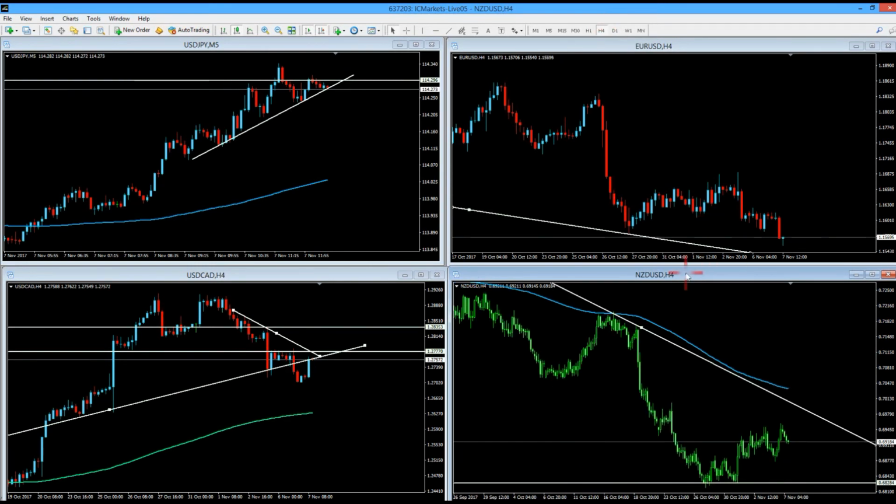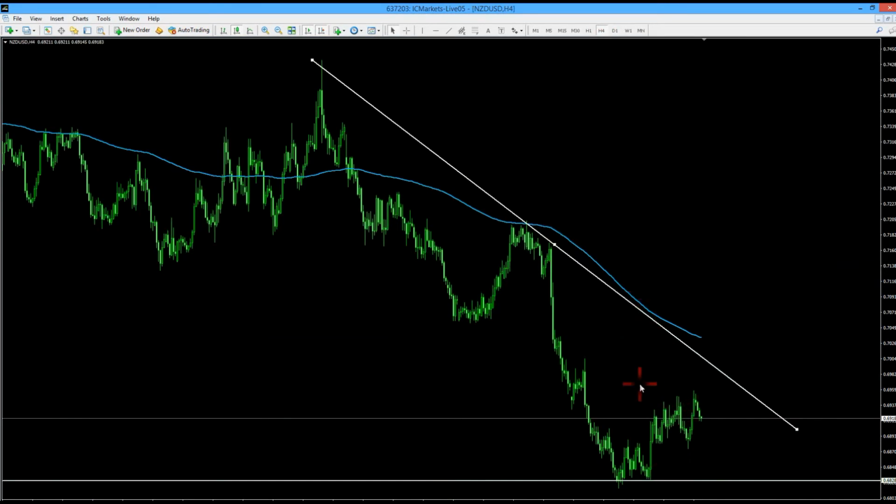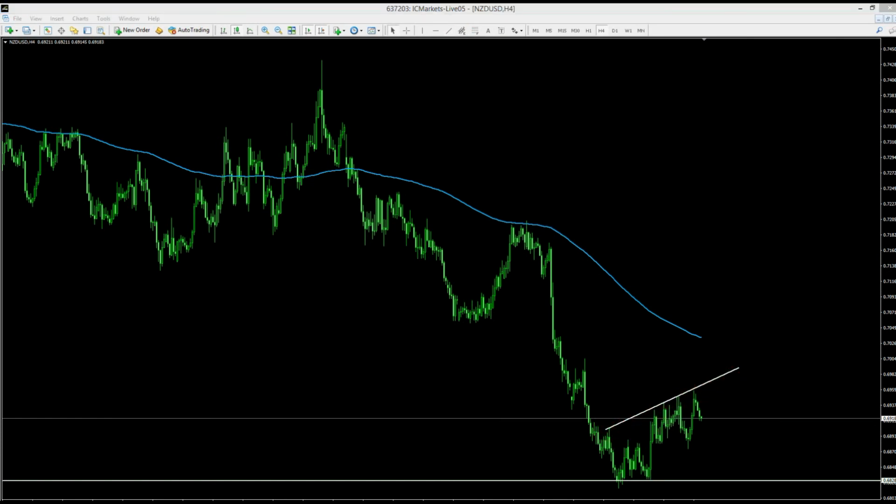What else do we have? Let's make this larger here, so we can see the resistance. We don't need this line right now, it's too far away. So what we can do is show the following trend instead. So resistance is holding.